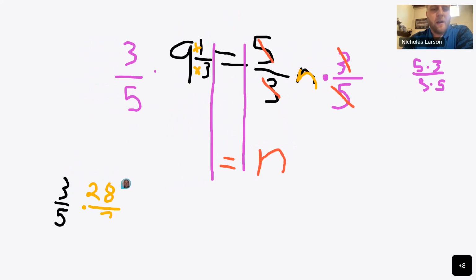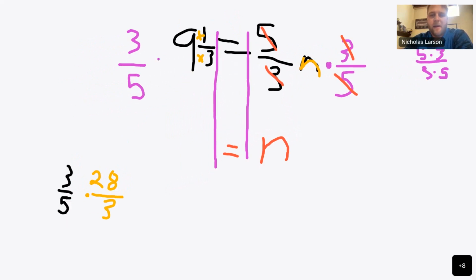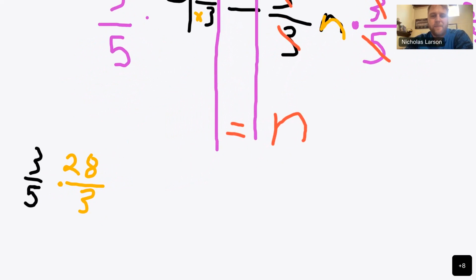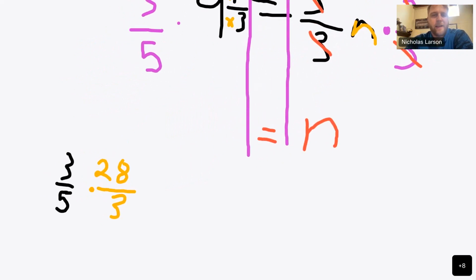Before I multiply it all out, because this is going to give me a big number, does anyone see anything I can maybe cancel out? Is there anything that could cancel out here? The 3s. The 3s, right? 3 divided by 3 is going to cancel out. So that just leaves me with a much nicer number, 28 over 5.